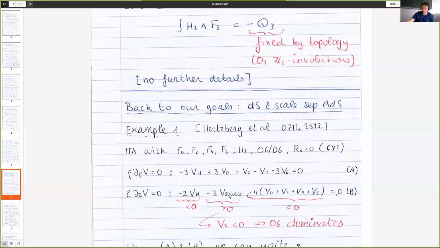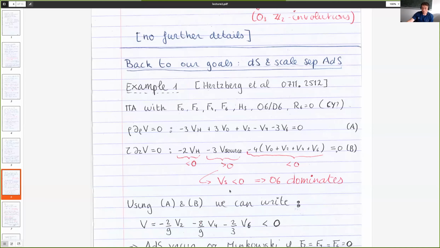So the only way I can get 0 is, again, if the source itself is negative, so minus 3 times the source energy is positive. So again, I need orientifolds. Please try to see how important orientifolds are in this, right? With these ingredients, the only way I can have a solution is if the orientifolds are there and they dominate the tension.